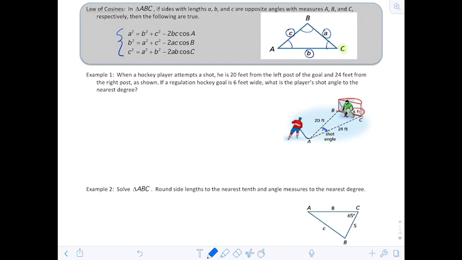So if we want the angle, what we have given is three sides. Side, side, side, 20, 24, and 6.